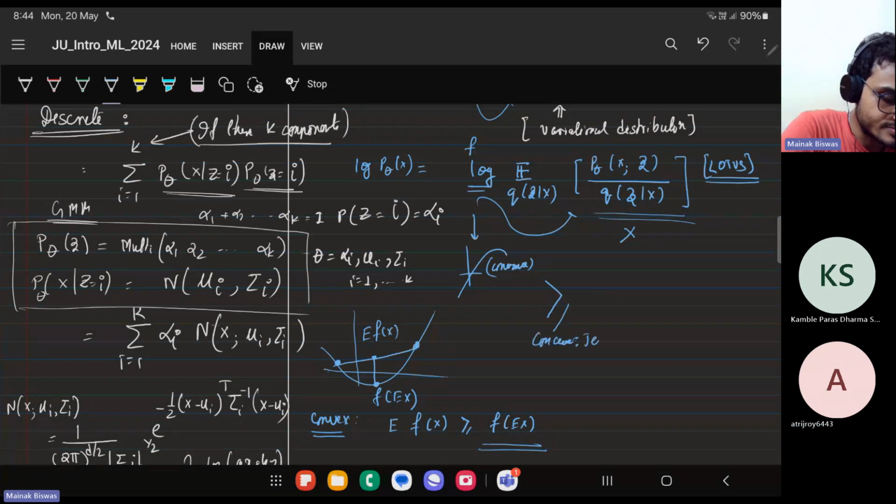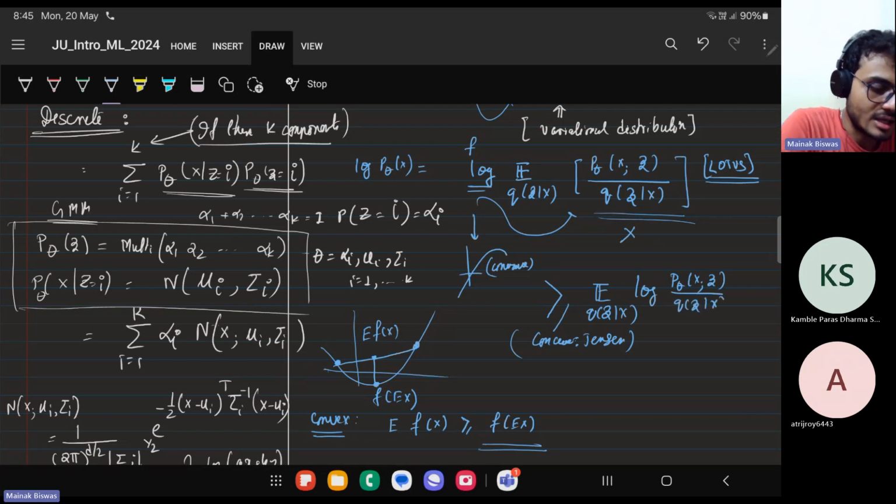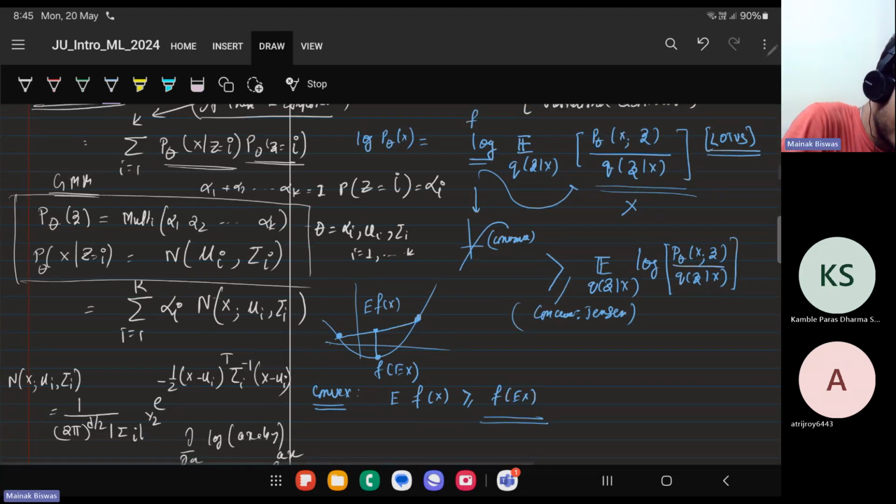Use Jensen. So now you see, I have put the log inside the integral, or the log inside the summation, whatever. If you think it's difficult for integrals, I have put it back inside the integral. So look at this nicely now.